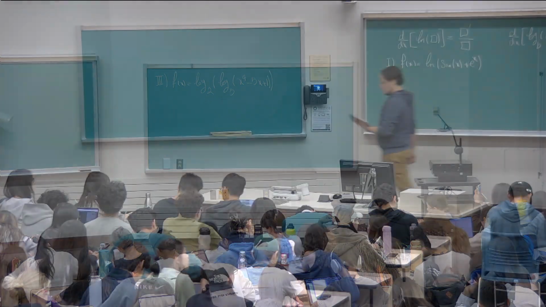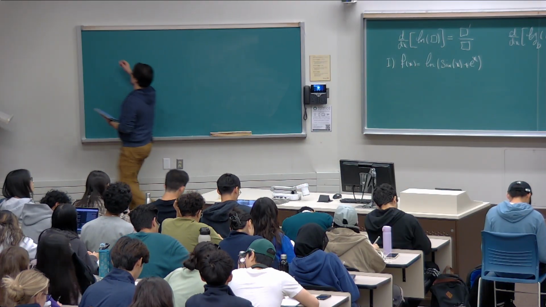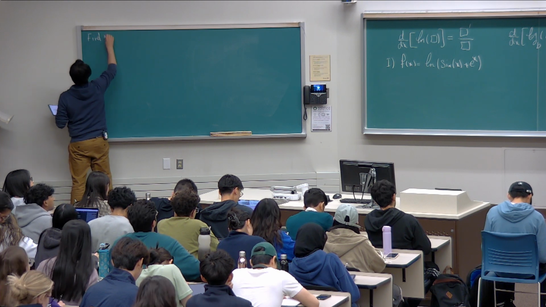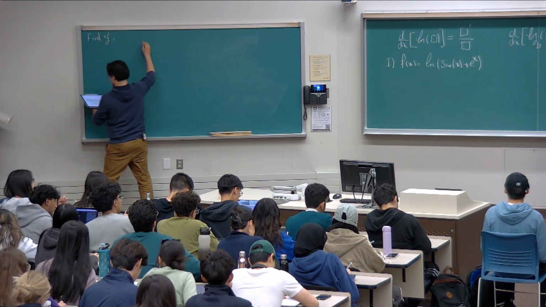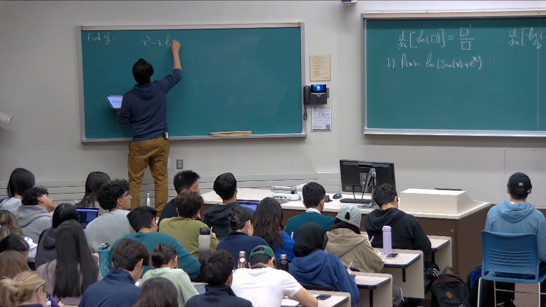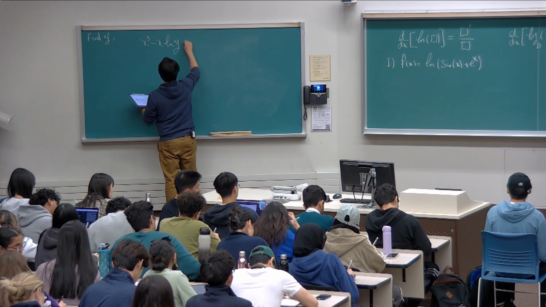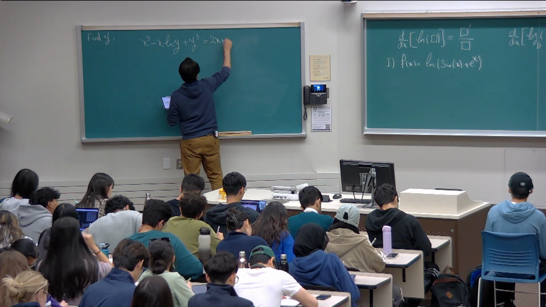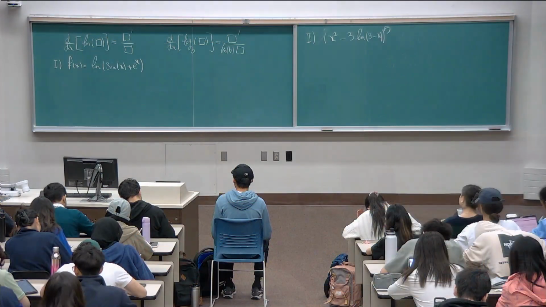And there's also this one that I would like you to do. Find y prime if we know x cubed minus x ln y plus y cubed is equal to 2x plus 5.